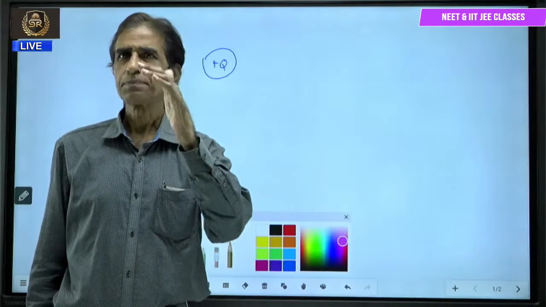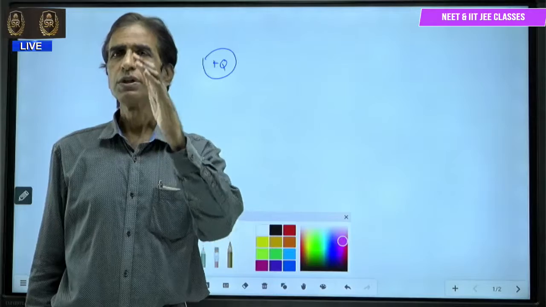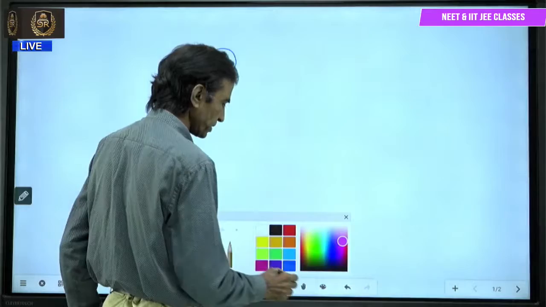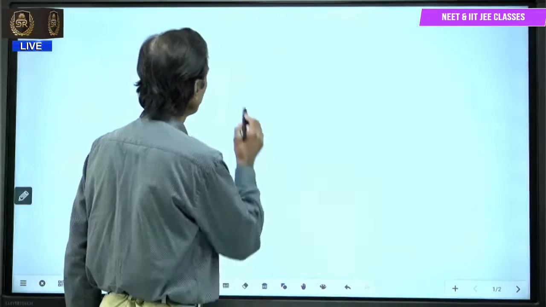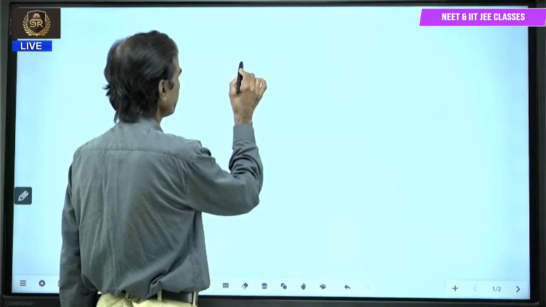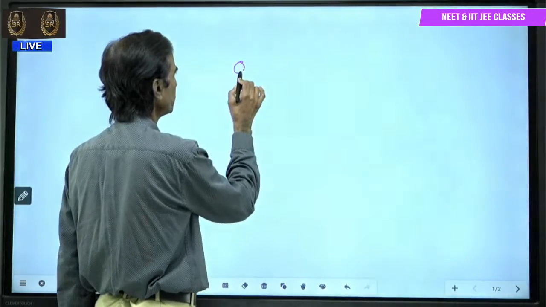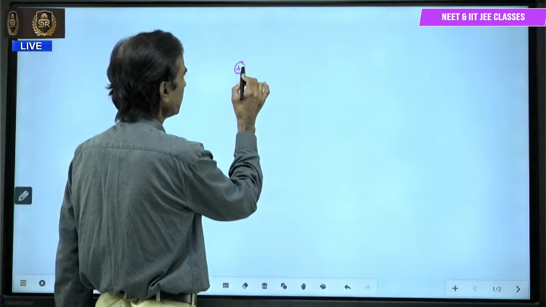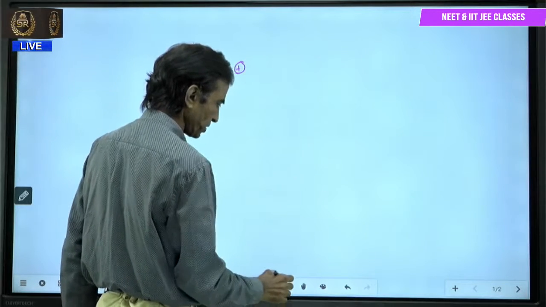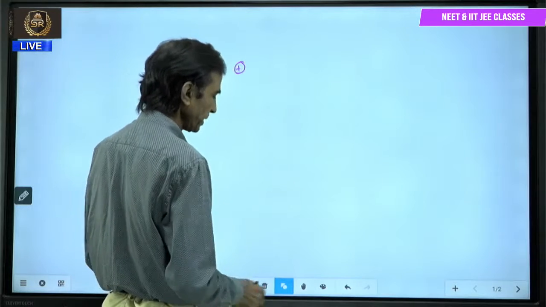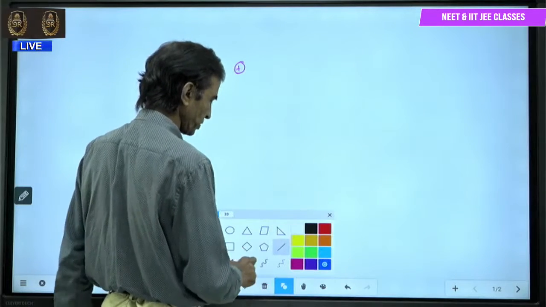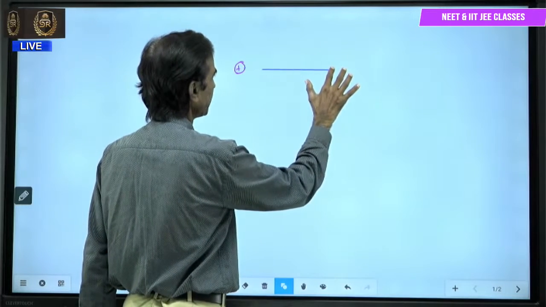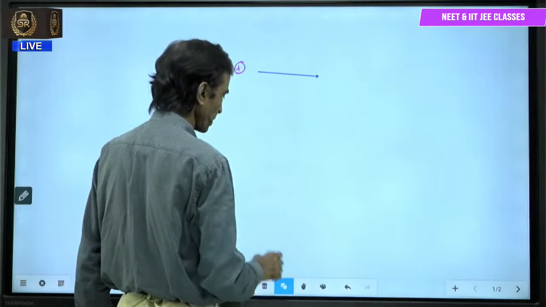That means if I take one positive charge, small charge, then when the line starts, it has to start perpendicular to the surface of the positive charge, right? So it is like this, perpendicular.